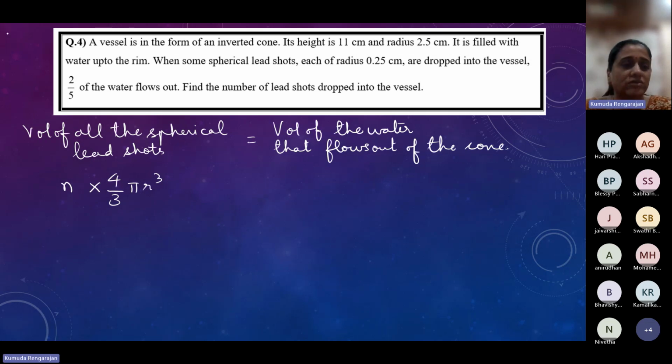So you can just mention that here: let the number of lead shots dropped be n. You can just start like that. And this is the equation in words. Now we are replacing them with the relevant formula.